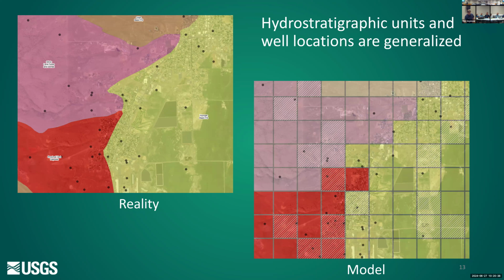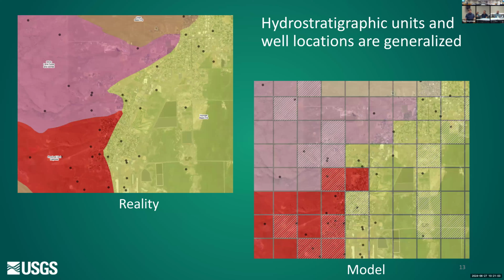These are different units, maybe the basin fill and a volcanic unit and another volcanic unit of different properties. And as we put that in the model, they get generalized. Since we have squares, every one of the squares that might have this unit is red, and squares for this geologic unit are colored pink, but you can see they're all squares.